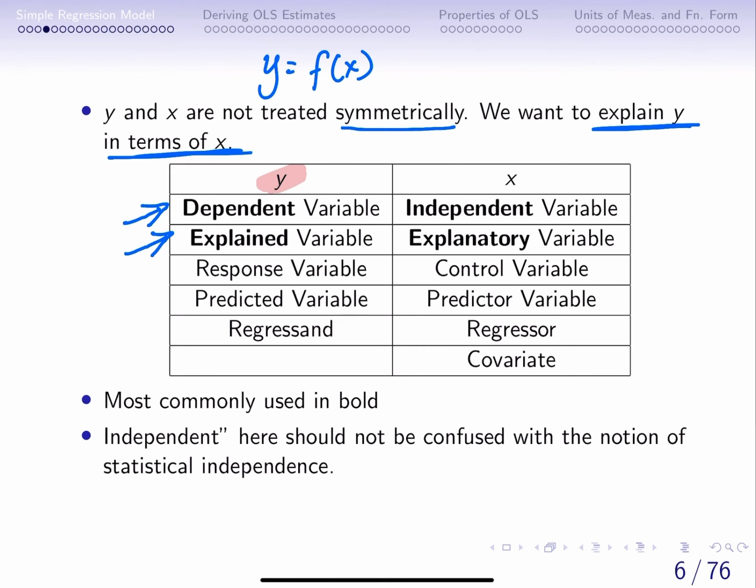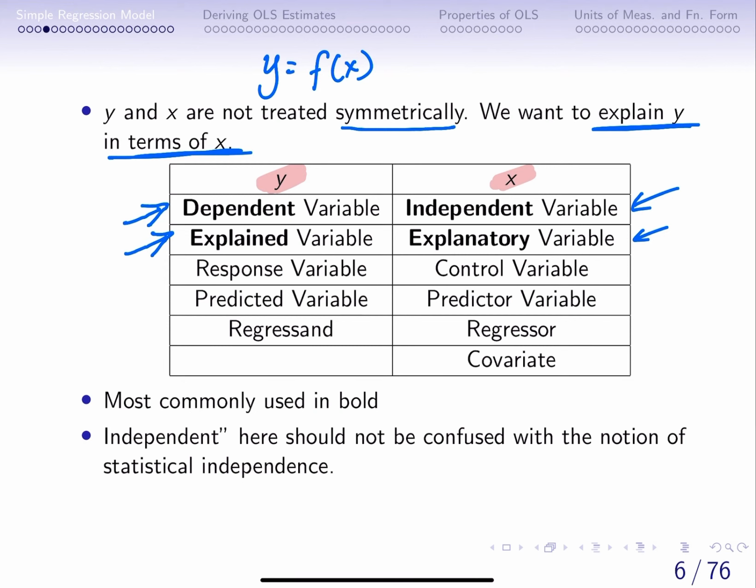These are the two words used most commonly to discuss y. And when we think about x, because we are trying to explain y in terms of x, x becomes the independent variable or the explanatory variable. It is the variable that explains y, okay?